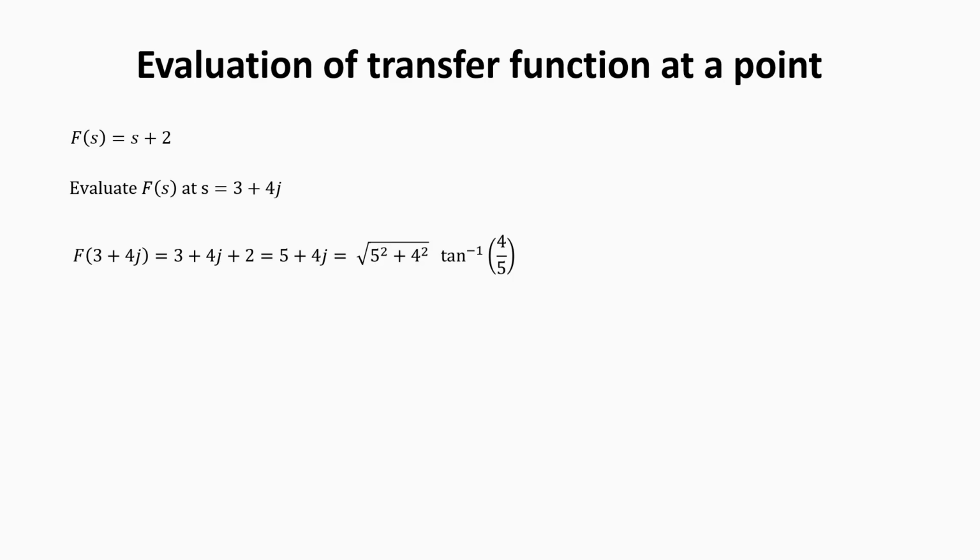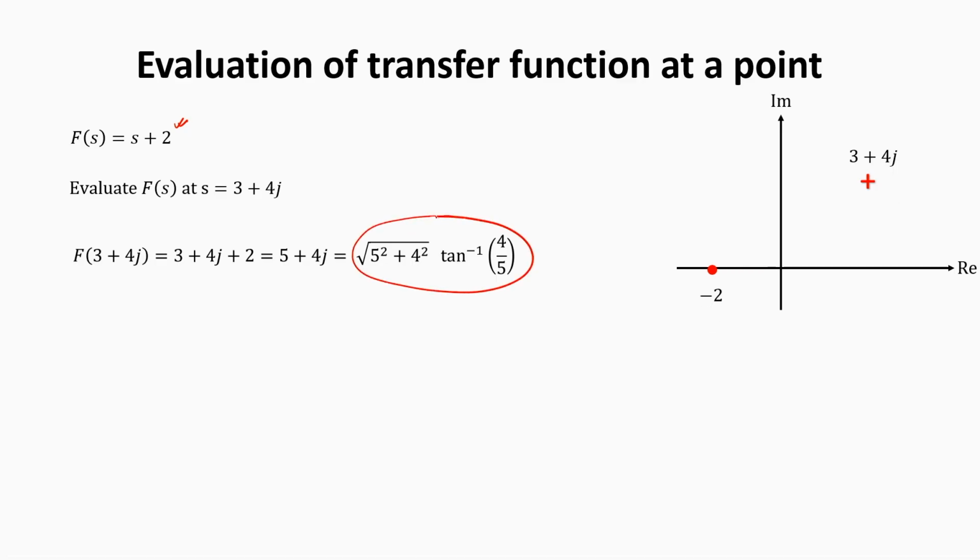Now, instead of this we can do the same thing using graphs or plots. If you think of s plus 2 as a transfer function, it has a 0 at minus 2, or the root of the numerator in this case is minus 2. This is the complex plane, and I want to evaluate this function at the point 3 plus 4j. The value that you are getting, with a magnitude and angle, is nothing but a vector drawn from the point minus 2 to 3 plus 4j.